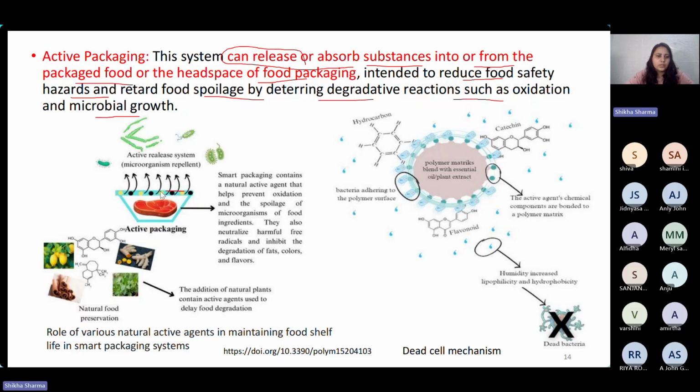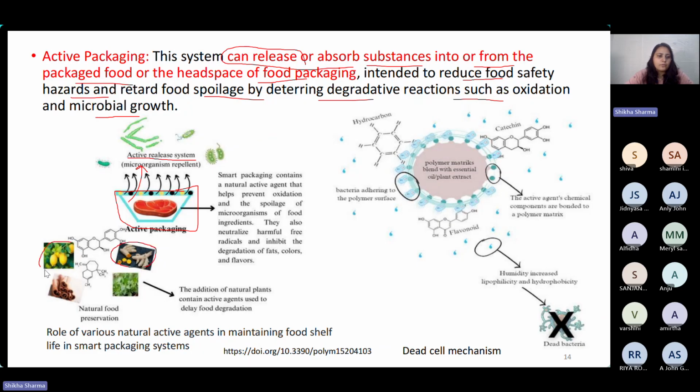If we see here in this example, this is active packaging in which meat is there. The active agents will be released, which will repel the microorganisms. Active agents can be, suppose this is turmeric, so curcumin can be there.